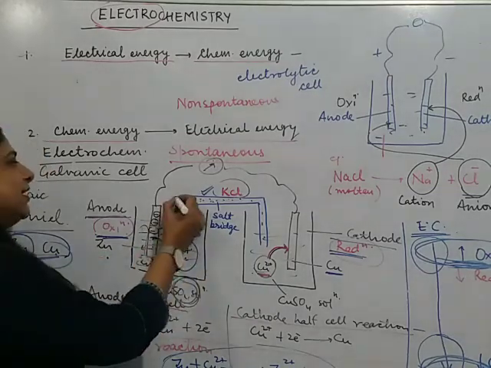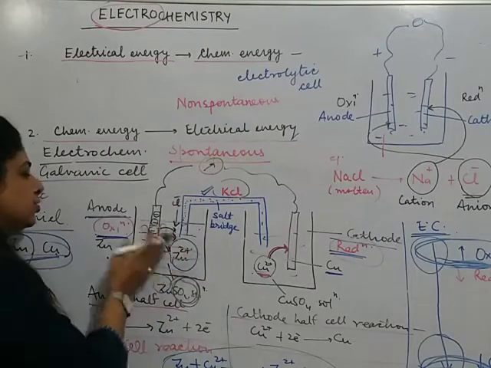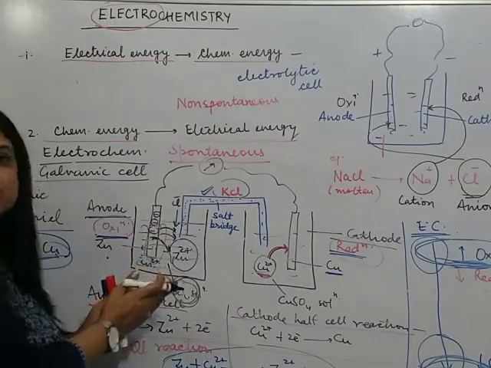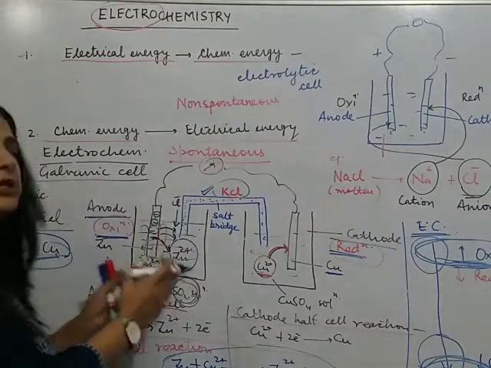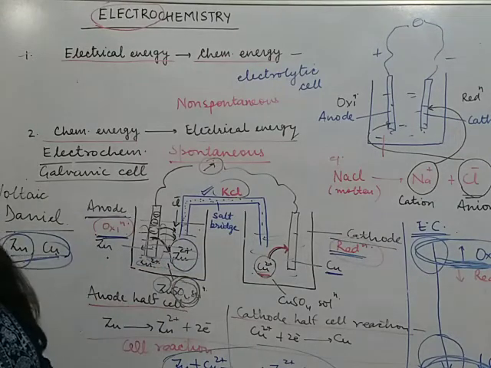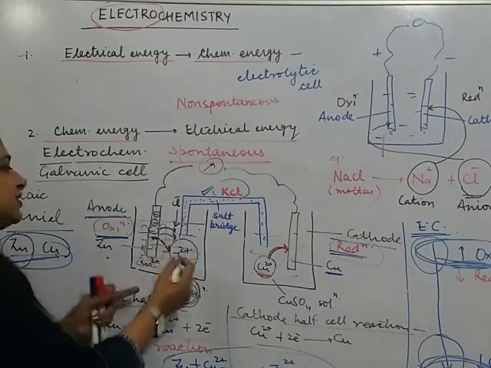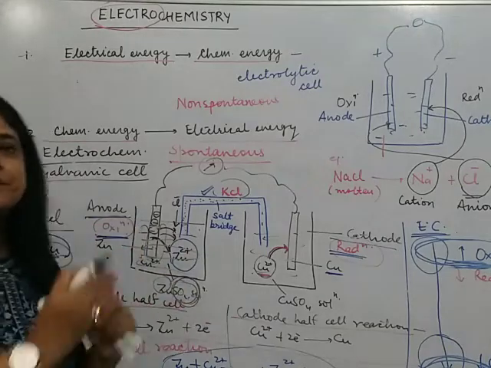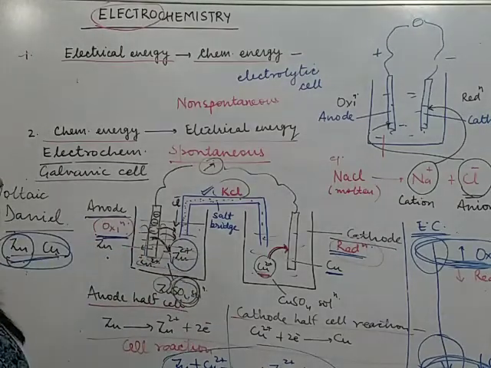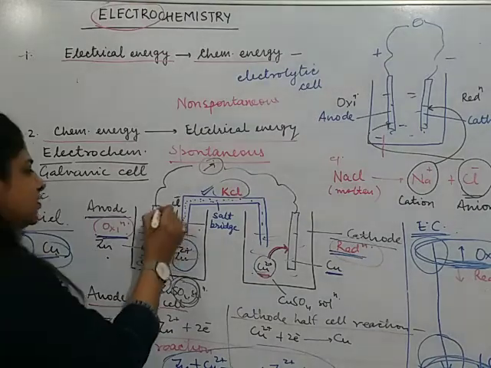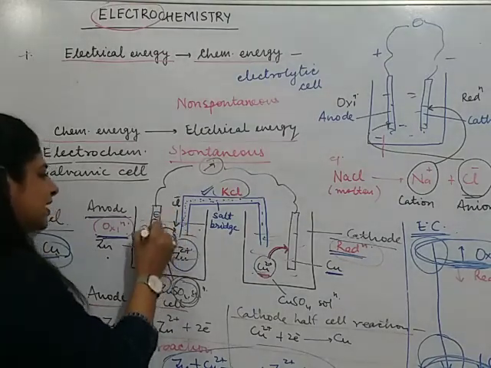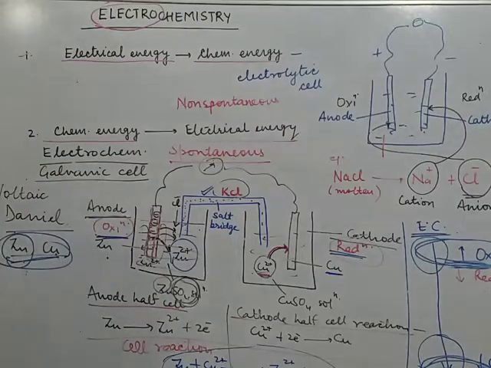So these chloride ions will keep neutralizing those extra zinc ions, and this will maintain the electrical neutrality and will not let it affect the further oxidation of zinc metal. Now one more thing, this indicates that this zinc rod will gradually decrease in size.